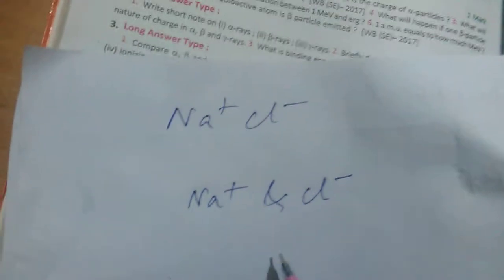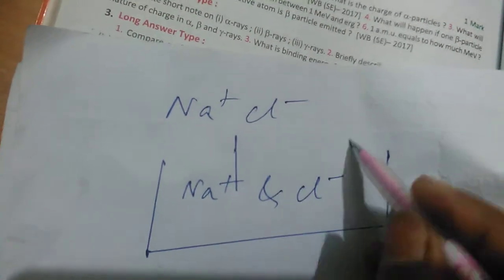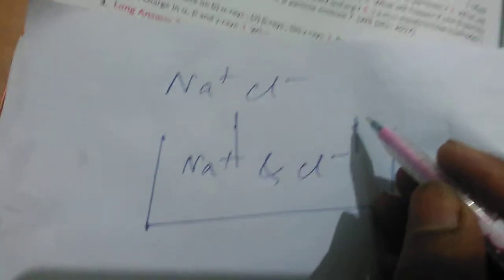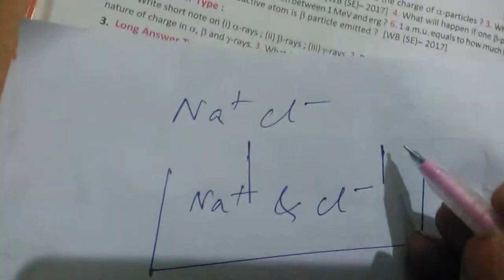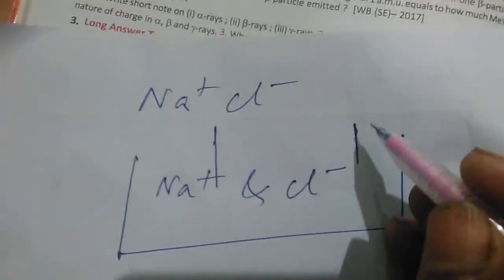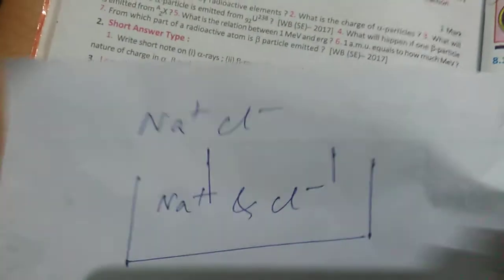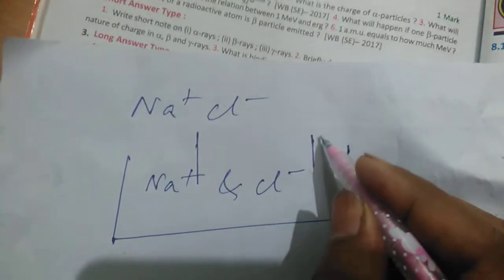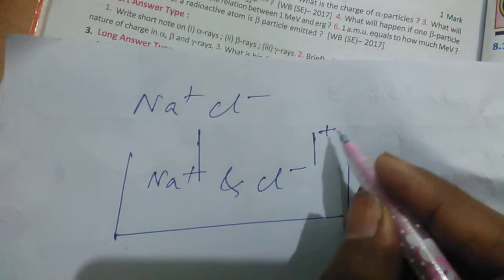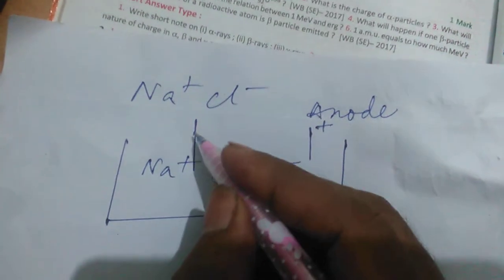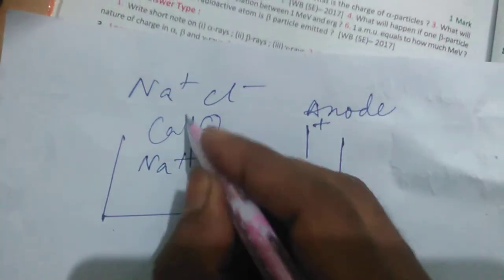Now, when we dip two electrodes, what are electrodes? The positive and negative ends of an electrical source are called electrodes. Now, the positive plate or positive electrode is called anode, and the negative plate is called cathode.